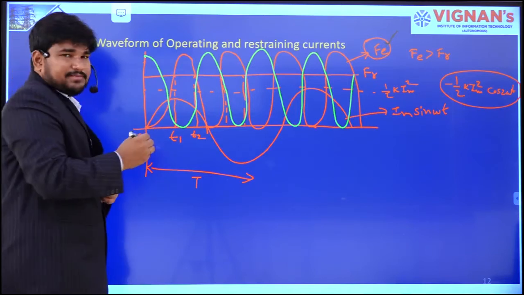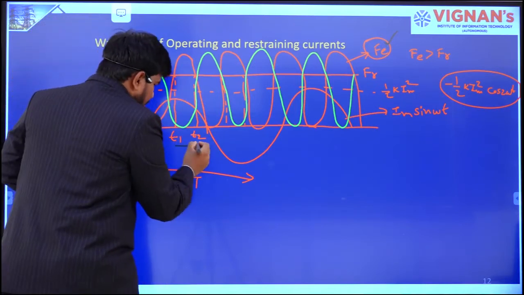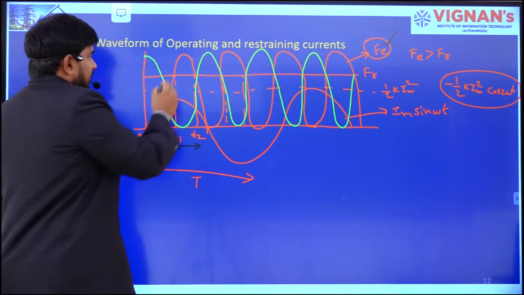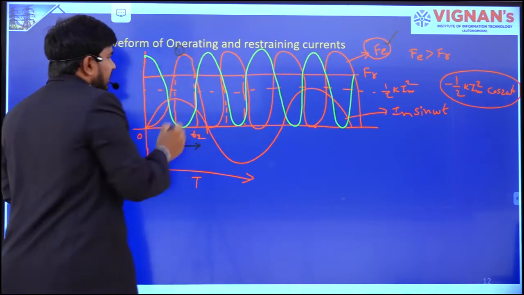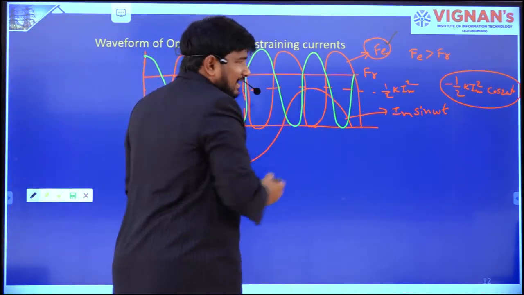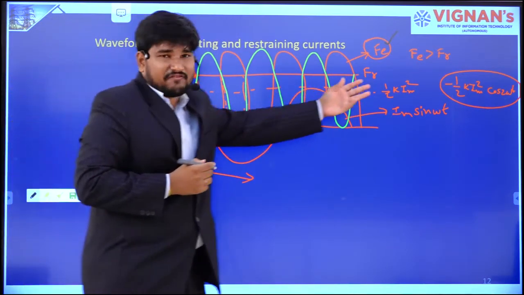For example, from T1 to T2, the red color portion will be useful to generate the resultant force, because Fe is greater than Fr.